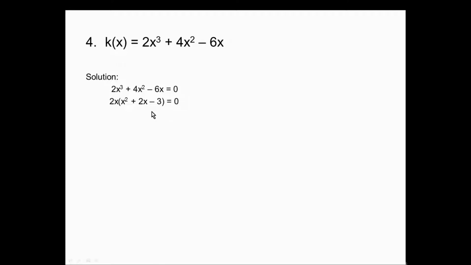It's got to be 3 and 1, and the bigger gets the plus sign. We'll have 2x times x plus 3 times x minus 1 equals 0. And then we set each factor equals 0. Okay, 2x gives us 0. X plus 3 gives us negative 3. And x minus 1 gives us 1. 3 zeros, and the degree is 3. The pattern appears to be holding.